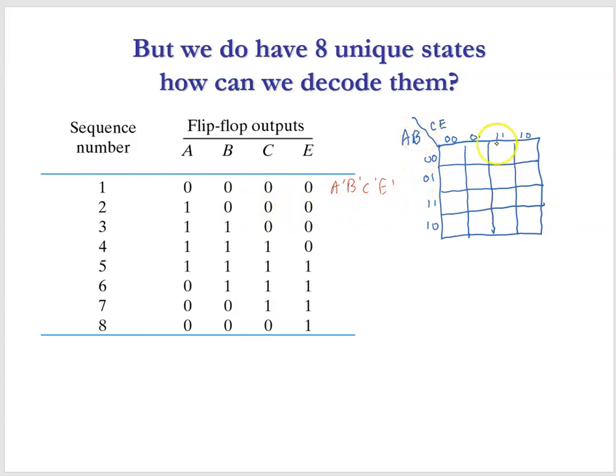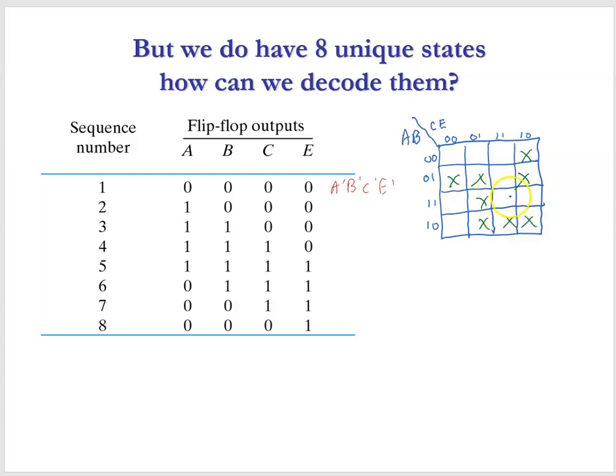So if we mark the unused states, we have unused states here in state 4, state 5, or binary 5. State 2 is not used. We have an unused here, here, here, here, and here.